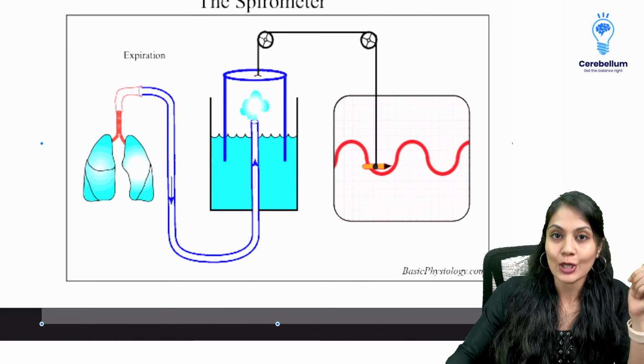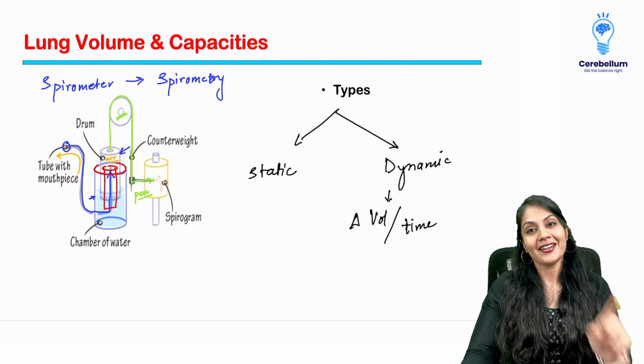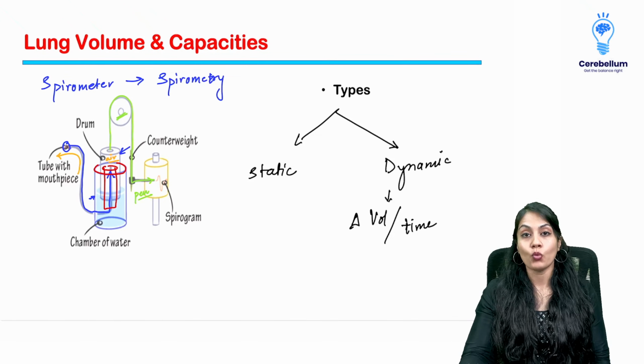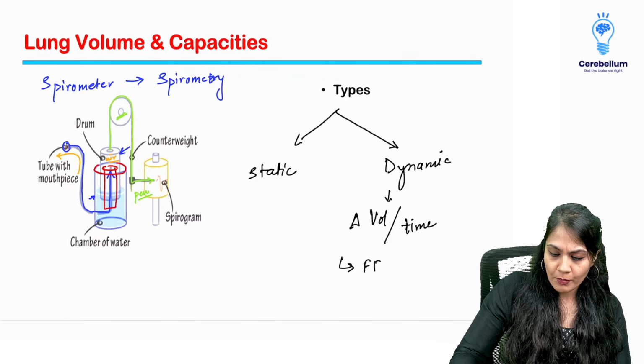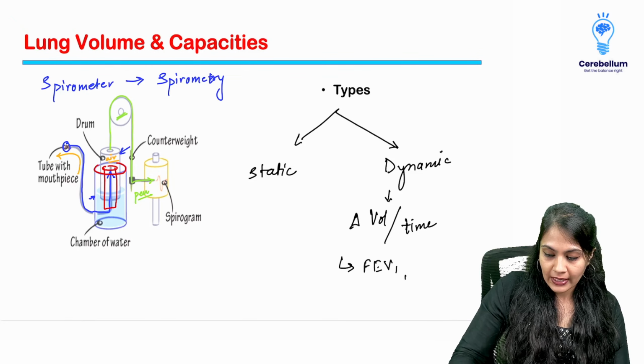Now, I usually tell you that whenever we talk in terms of dynamic volume and capacity, or for that matter, anything which is dynamic, we have to take time into consideration, right? So, whatever volume change occurs, that is delta V occurring per unit time. As soon as I take that, that will become a dynamic volume or capacity. For now, just remember the names: FEV1, FEV2, FEV3.